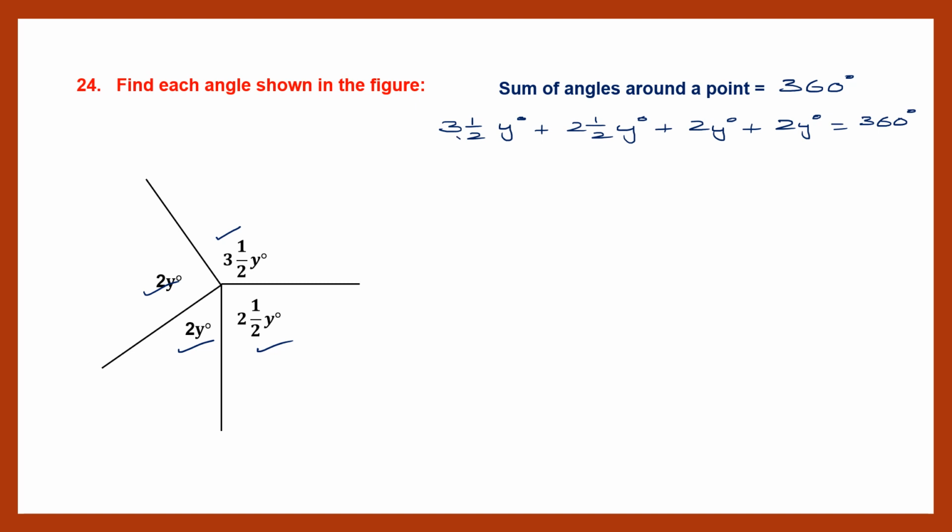So here 2 3's are 6 plus 1 is 7 by 2 y degrees plus 2 2's are 4 plus 1 is 5 by 2 y degrees. Now here we can add up these two because it is 2 plus 2. 2 plus 2 is 4, so that becomes 4 y degrees is equal to 360 degrees.